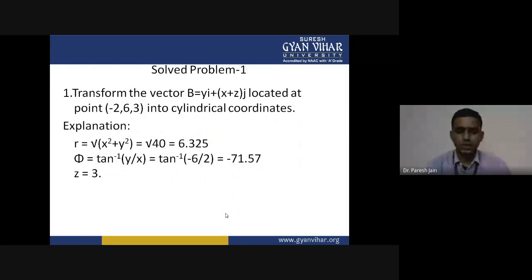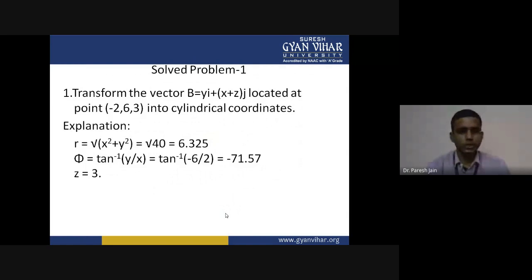Here vector B is given, but we are not using this vector because the vector is not involved in the conversion or transformation technique. So we need the values of x and y to convert the point into the cylindrical coordinate system. So r is the radius in the cylindrical coordinate system. From the relationship of the transformation, r equals under root x square plus y square, equal to under root 40, so 6.325.